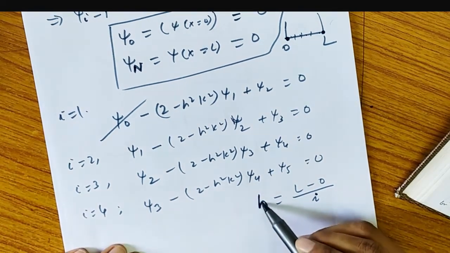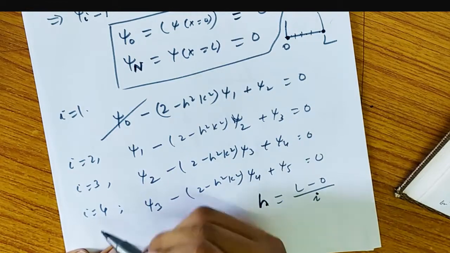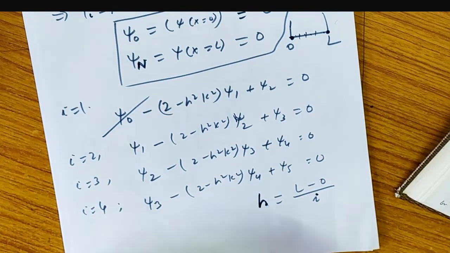Now the smaller h is, the better the values of the eigenvalue and eigenfunction will be. I am choosing i1, i2, i3, i4 just for showing purposes, to show how this can be written in matrix format.